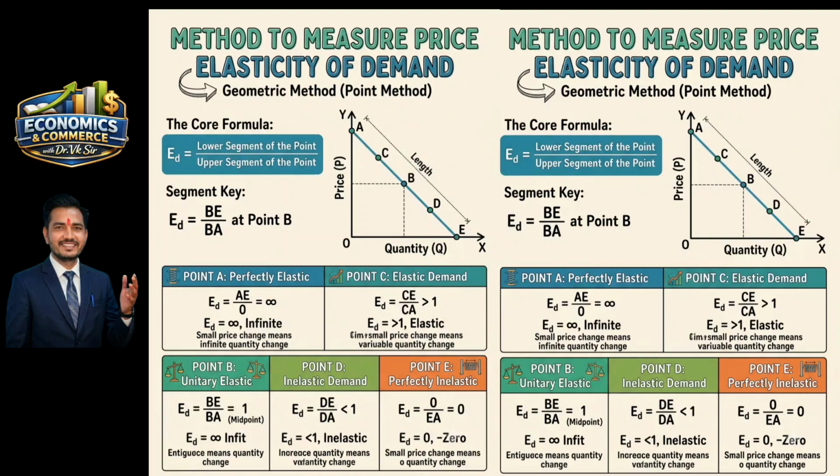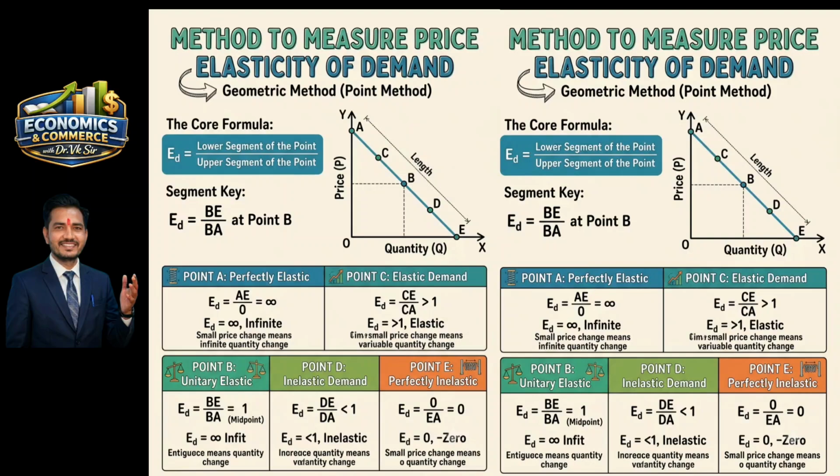Let's go for point C. At point C, the lower segment is CE and the upper segment is CA. Here CE is greater than CA. So ED is greater than 1. This is called elastic demand because it is more than 1.